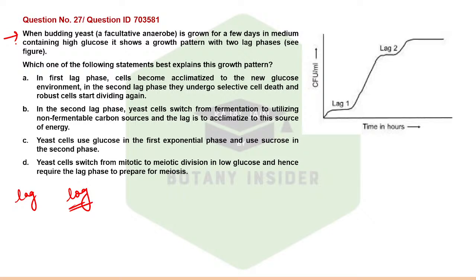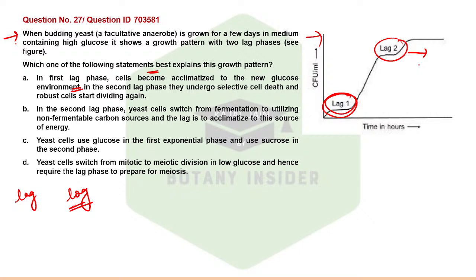Okay, let's see. When budding yeast is grown for a few days in a medium containing high glucose, it shows a growth pattern with two lag phases. Which of the following statements best explains this growth pattern? If you look into the diagram, it is showcasing the first lag phase and then the second lag phase.